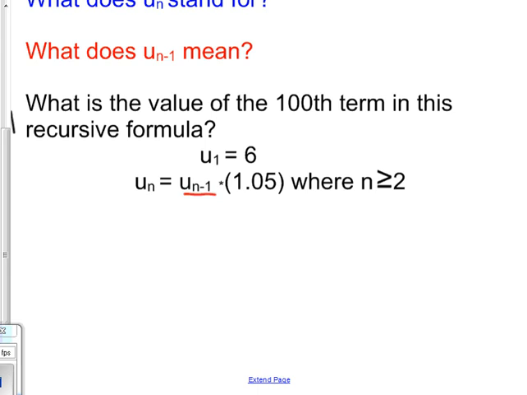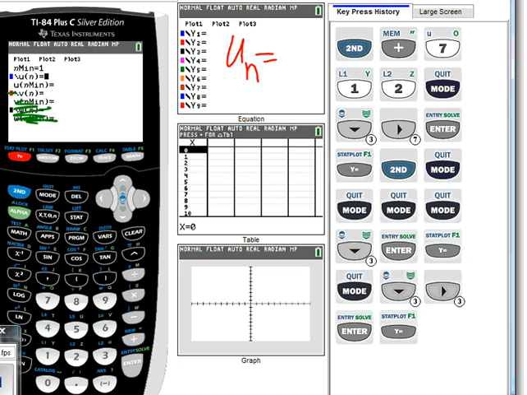So we want to tell it U sub n. The U is where your 7 key is, but second 7 will get you your U. And since we're doing subscripts, we need parentheses. Then we're going to say n, which is the same key as your x key, what you use a lot with your functions.